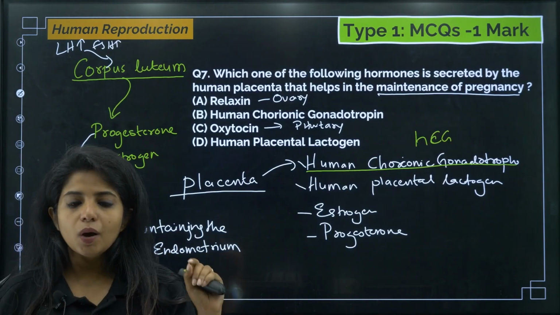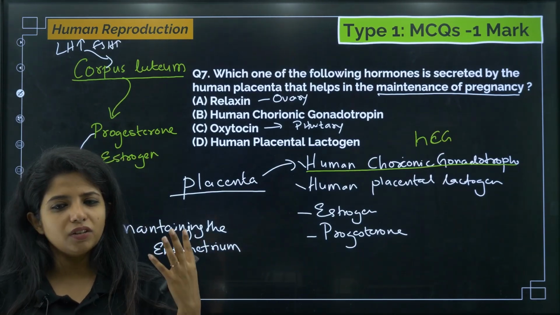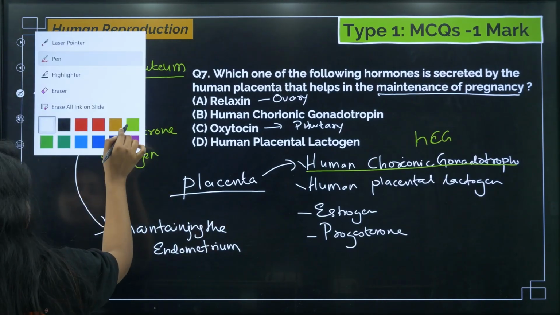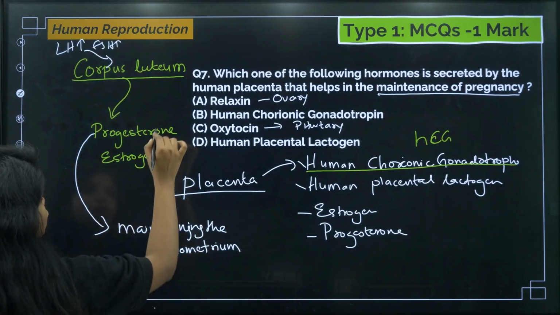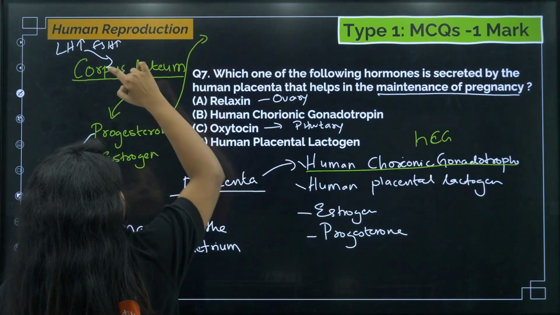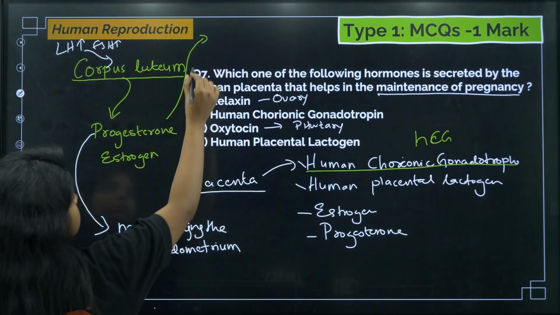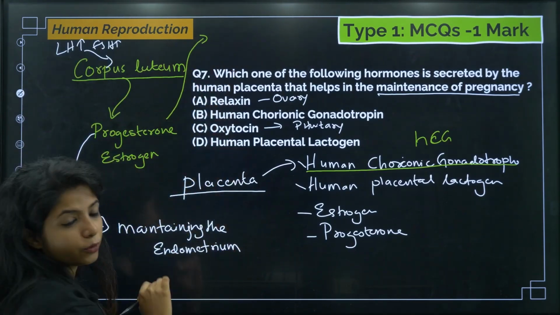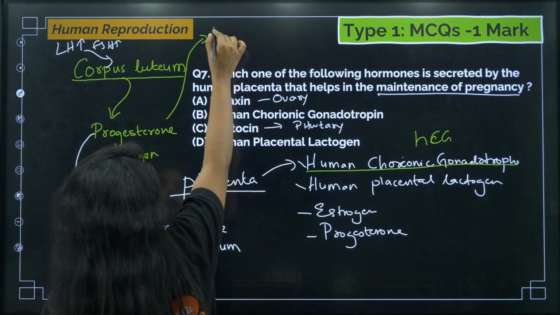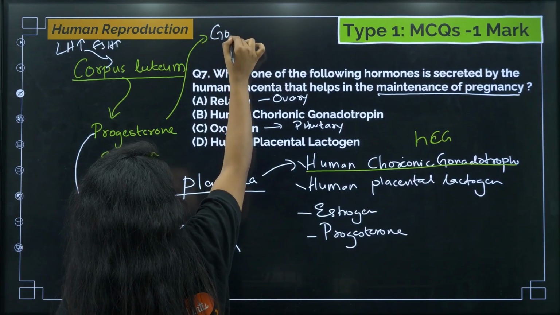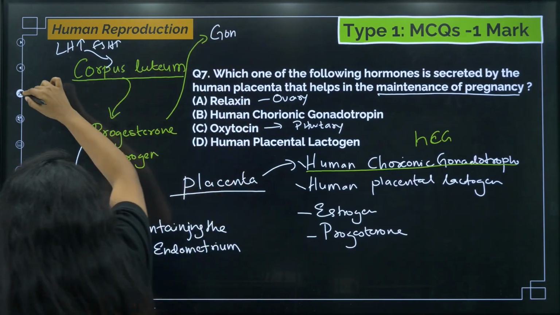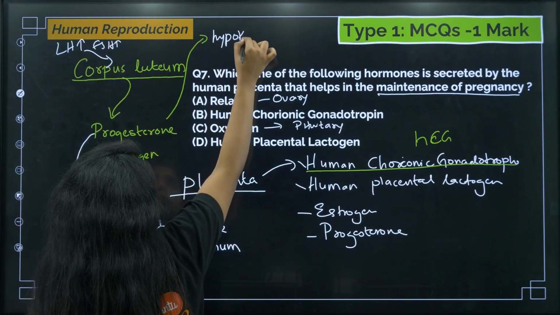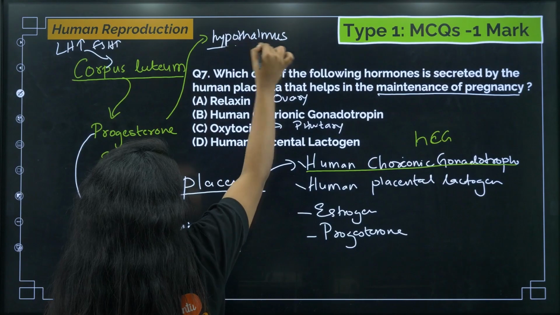Now after a point of time, when the body sees that there is no fertilization happening, what will happen? Whenever progesterone is being made, you have to remember that progesterone tells the hypothalamic hormones, the ones that control LH and FSH, the gonadotropic hormones, to make your secretions less.